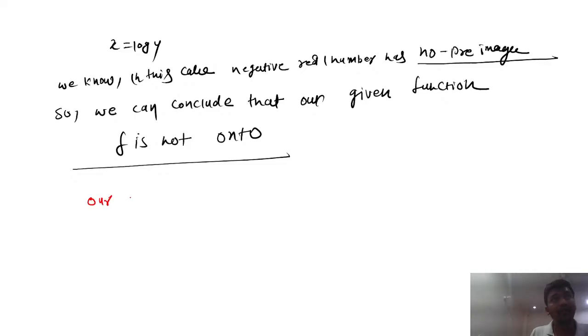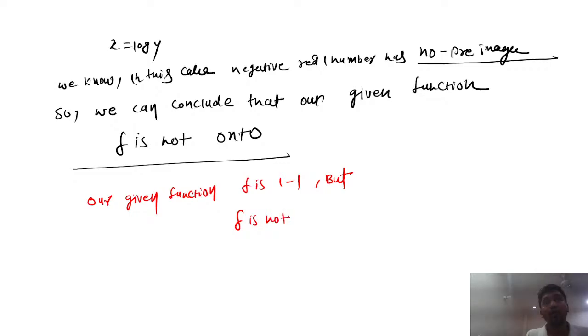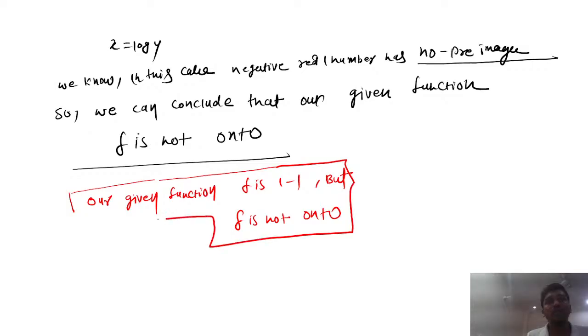We can conclude f is one-one, but f is not onto. And this is our final conclusion or final solution. Again, this question can come in 3 to 4 marks.